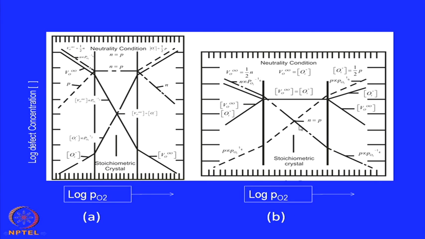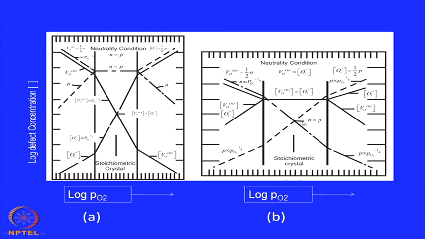So, here Ke is much smaller than Kf, whereas here Kf is smaller than Ke. So, this corresponds to Ke, the electronic compensation, and this is the ionic compensation. So, the ionic compensation is less important here, electronic is important here, electronic is less important, ionic is important.